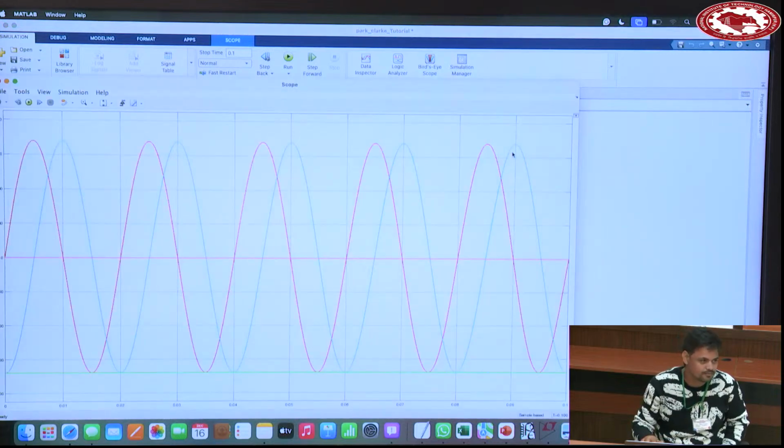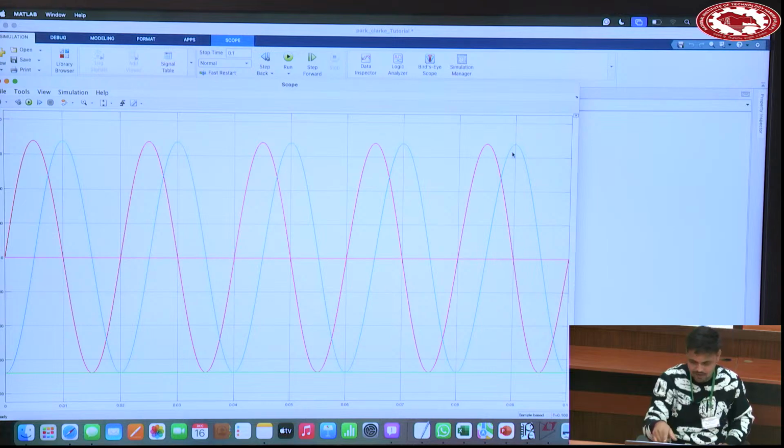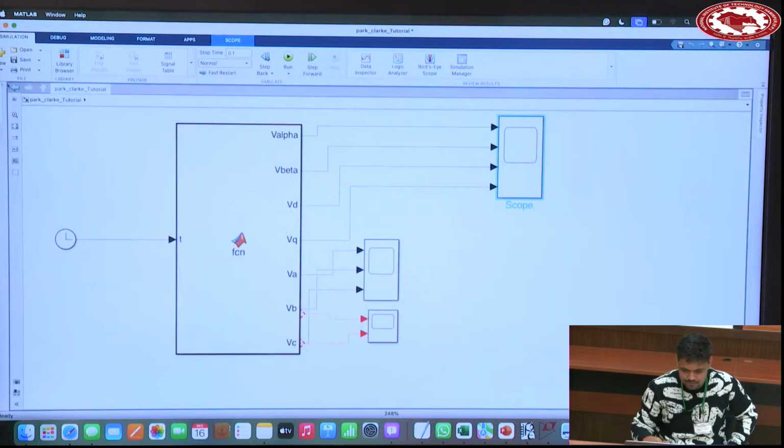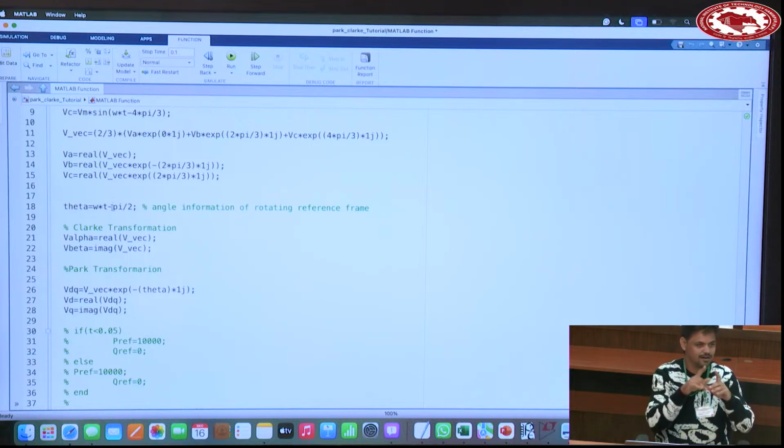Negative, because D is upward while in the space vector the position is downward. That's why. Verifying the concept. One of the components is 0. Put minus 90. Now VD will be the positive peak and VQ will be 0.